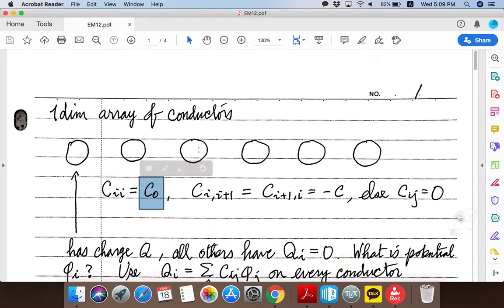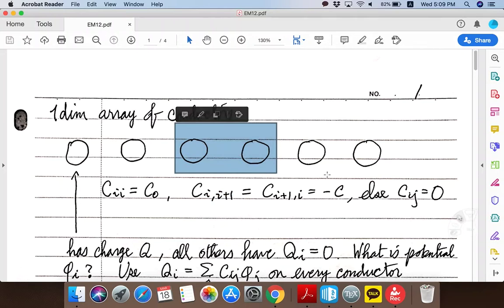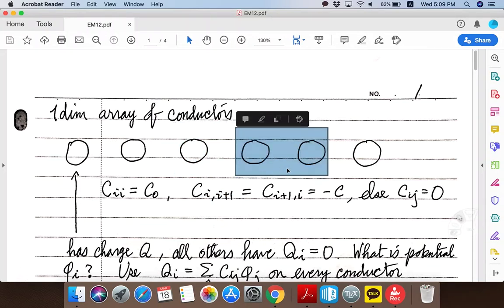And furthermore, there will be a mutual capacitance between a pair of conductors. And again, to simplify the problem, I will consider the case where the mutual capacitance is only finite among the nearest neighboring pair of conductors, like this pair or this pair, but there will be no mutual capacitance between two second neighboring conductors, like, for example, this one and this one over here.